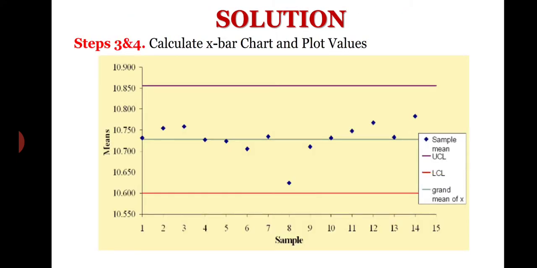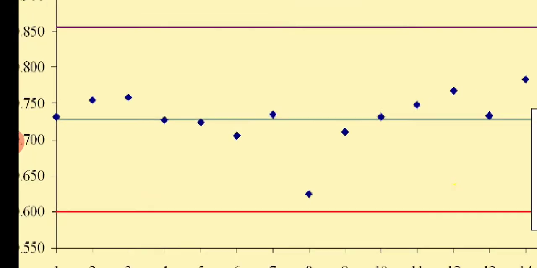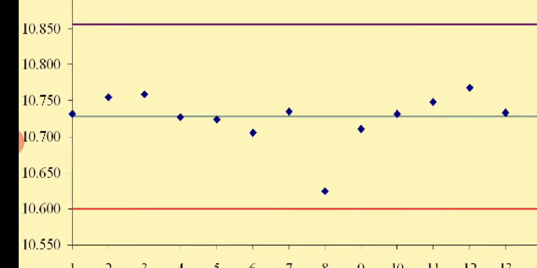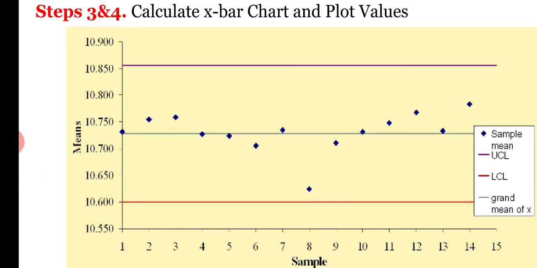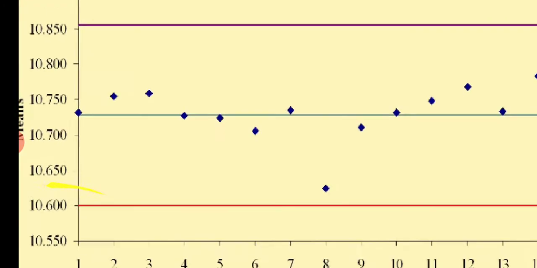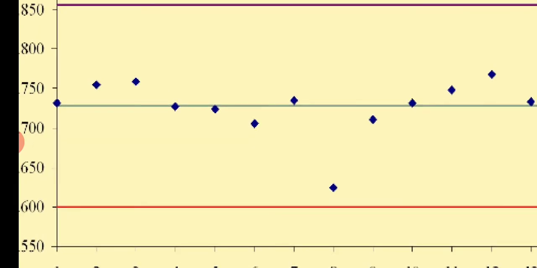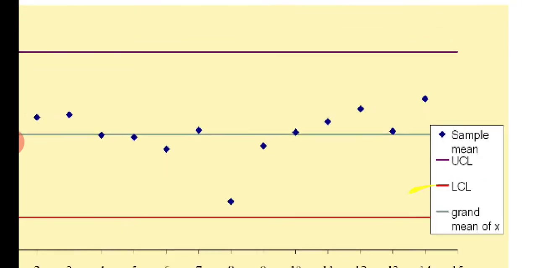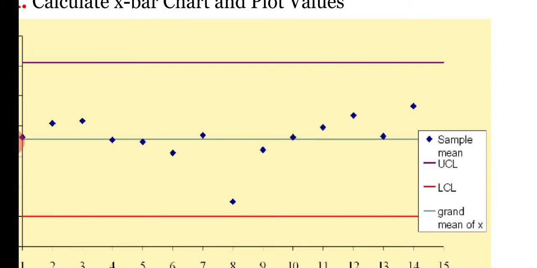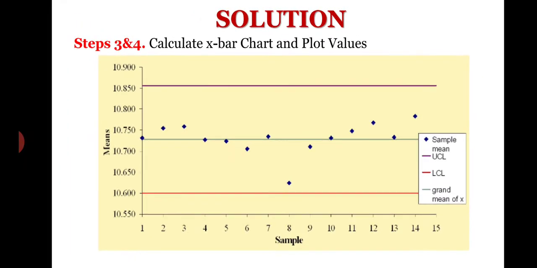Based on my calculation my UCL is nearly 10.86, and my LCL is around 10.6. You can see the purple and red lines, and I am plotting all the X bar values. All the points are in between your UCL and LCL, so your process is properly under control.